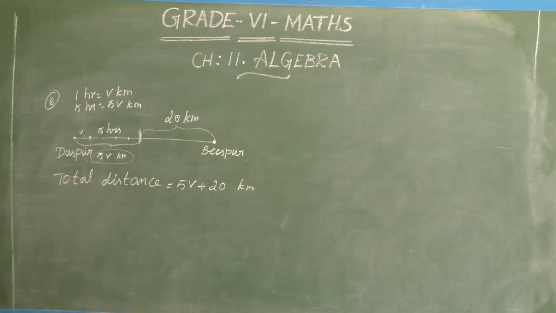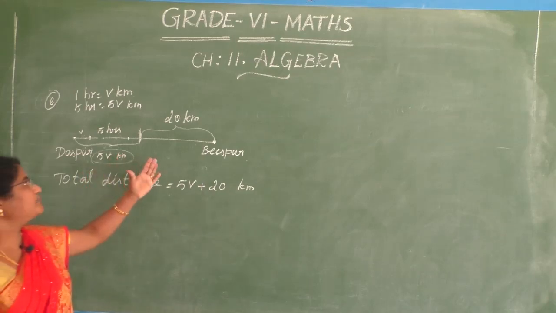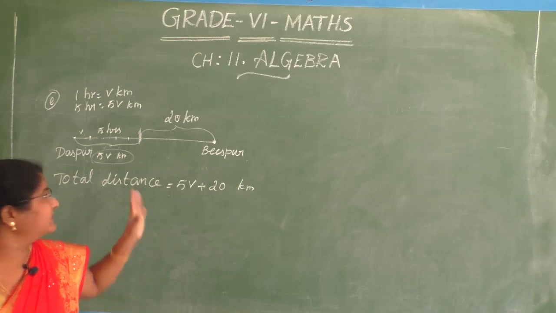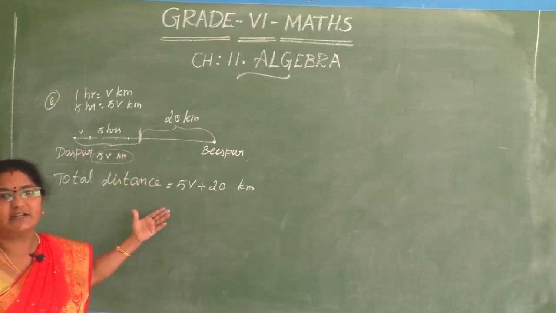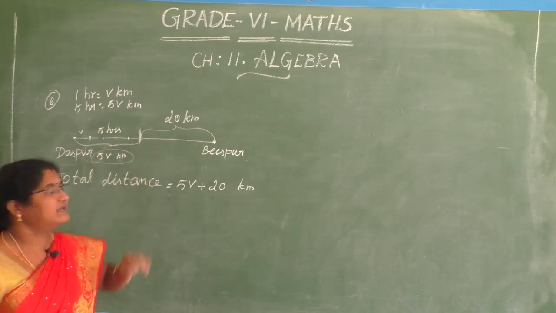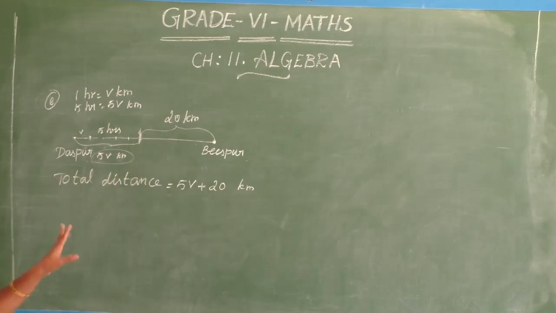Do you understand? In 5 hours we travelled 5v kilometer and Bispur is 20 kilometer away, so adding both we get the total distance 5v plus 20 kilometer.